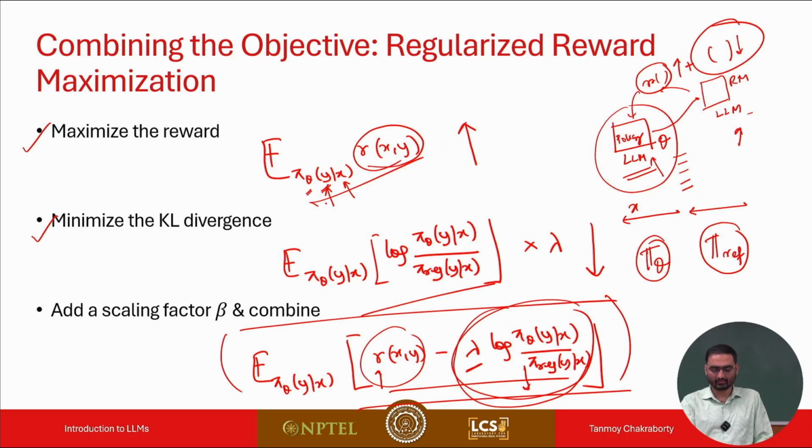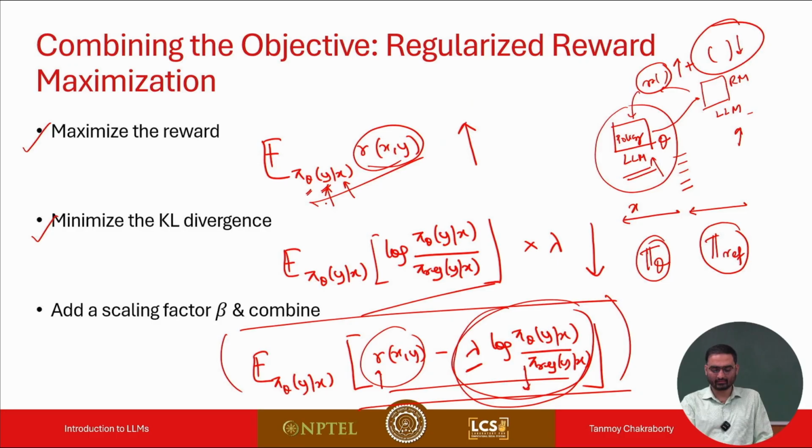So we discussed maximizing the reward, which is the expected reward that you obtain given a policy. The policy model is parameterized by theta. Given a prompt X, this policy model will generate a Y, and for this Y you have a reward.